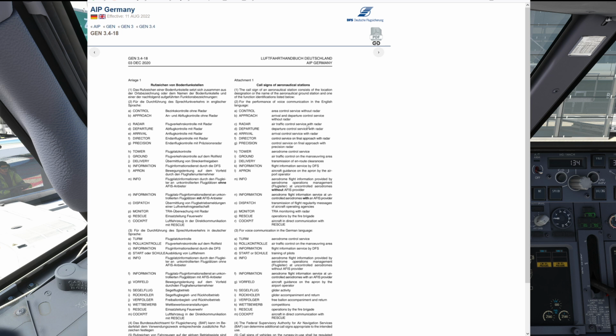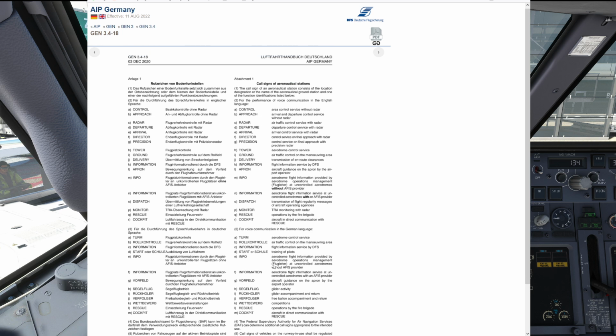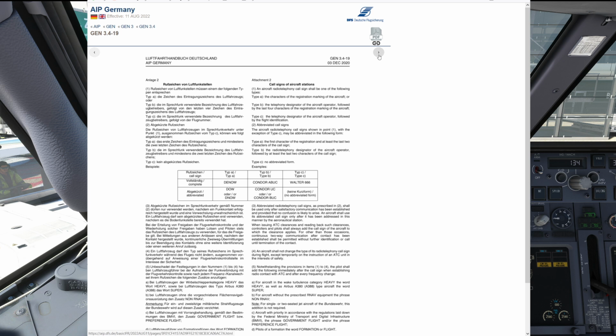So for example, over Germany in the upper airspace we would usually find Rhein radar, so we know that they do have radar available. However, that is really stuff that you don't necessarily have to be aware of, but that is just nice to know.